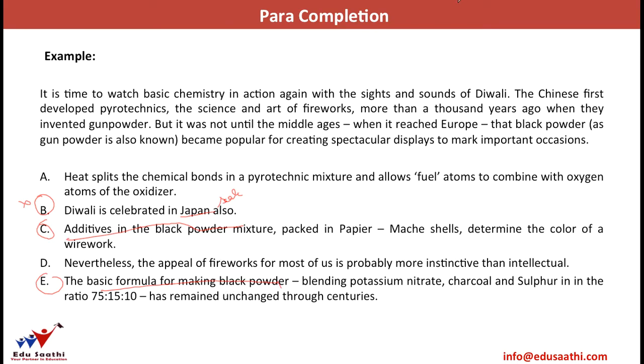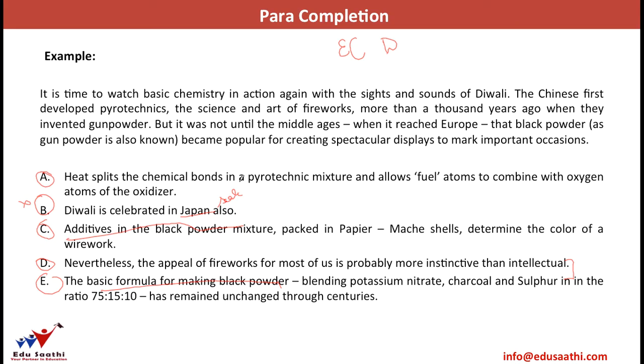Applying the basic rules of parajumbles, I know that the chronology has to be maintained. First of all, I'll make the black powder, so E, and then I'll add something, that becomes C. So E and C is a mandatory pair. Then, nevertheless the appeal of the firework is an obvious end to the parajumble, so it will end in D.